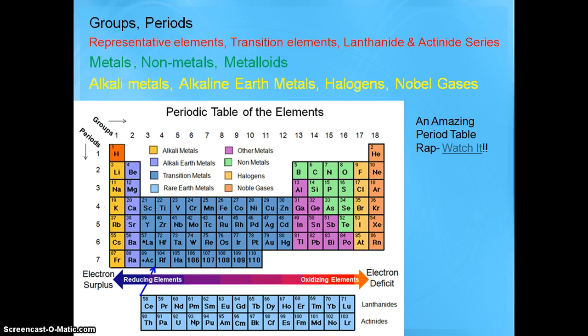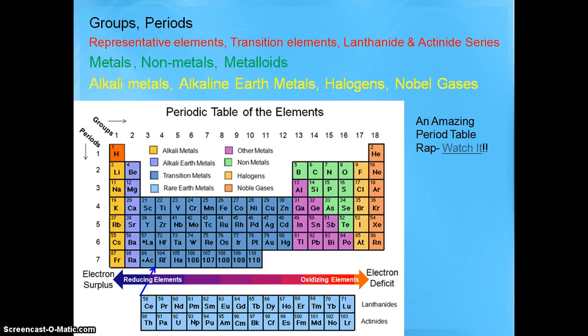Group 13, 14, 15, and 16 are very easy. 13 is your boron group, 14 is your carbon group, 15 is your nitrogen group, and 16 is your oxygen group. 17, those are also highly reactive. Those are called your halogens. Make sure you know your halogens. Those come up quite frequently. And 18, your noble gases. You've probably learned that way back in 6th grade. You should know what your noble gases are.